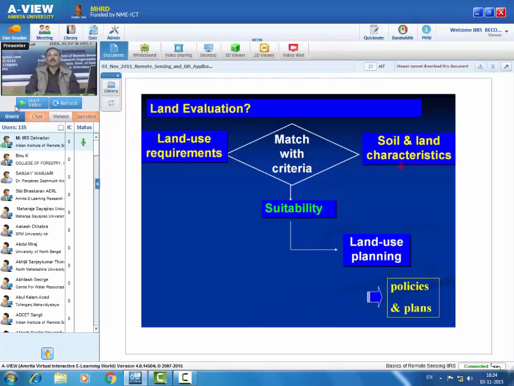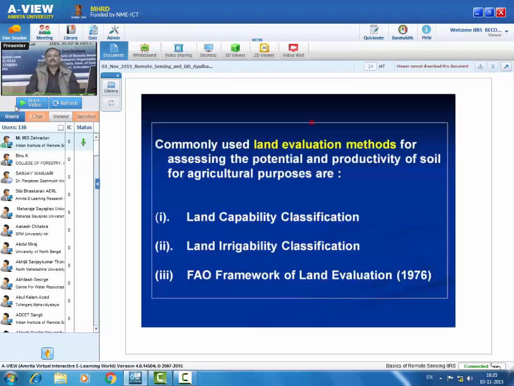If my soil is only 20 centimeter, then I can say forestry cannot be done in that place. So depth, texture, pH, many properties of the soil are taken, and the same properties required by the forest are taken, both are matched, and we study the suitability. If they are suitable or not suitable, then we recommend it as land use planning. This is the basic concept of land evaluation.